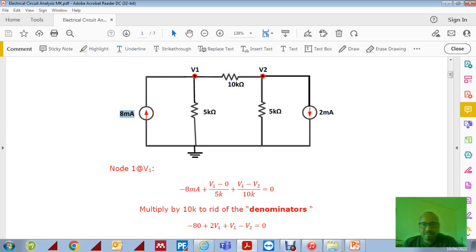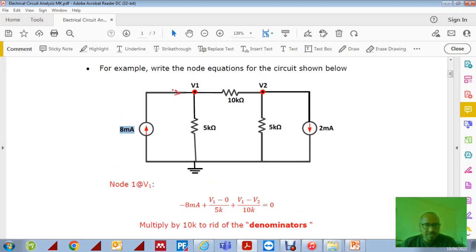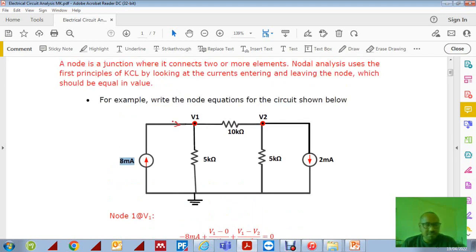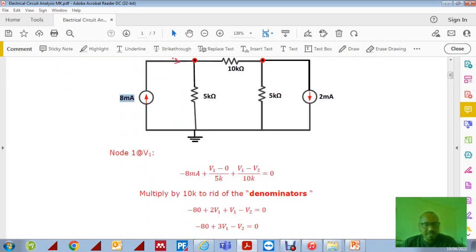We can argue that for current entering the node we say minus, and then leaving plus. But you need to remember, because it's Kirchhoff's current law, we always have to base it on current.